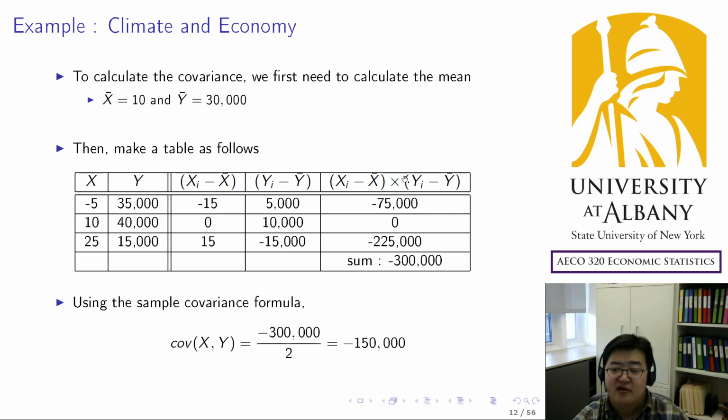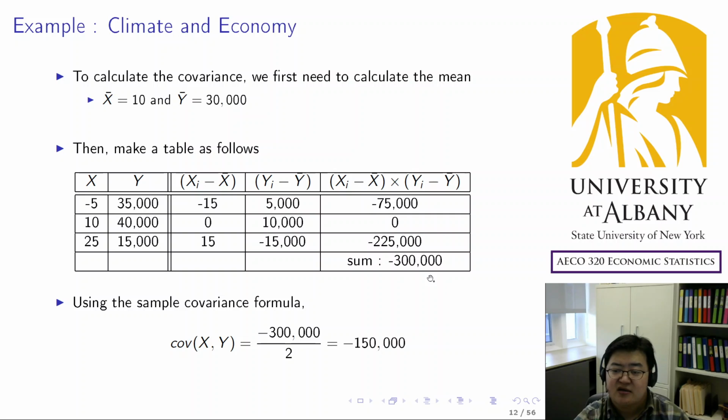And then multiply them. Simple. So minus 15 times 5,000 becomes minus 75,000. 0 times anything becomes 0. 15 times minus 15,000 becomes minus 225,000. Right?